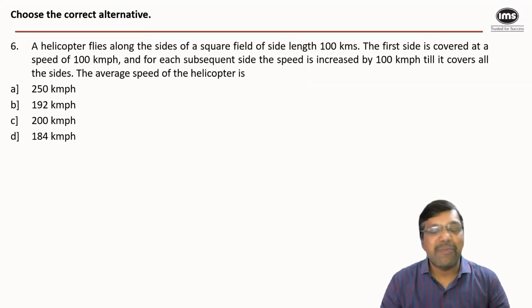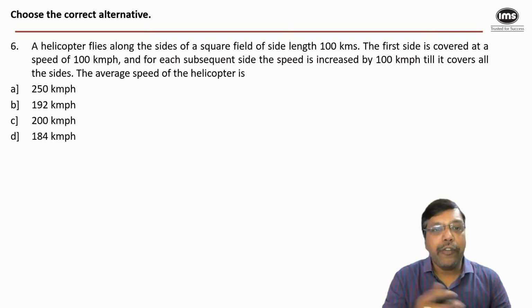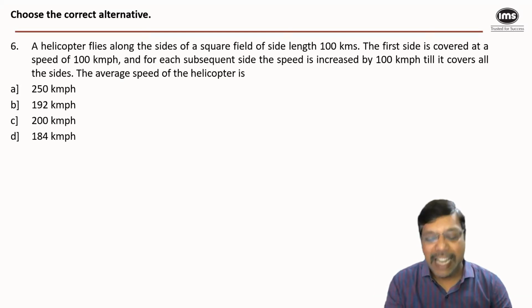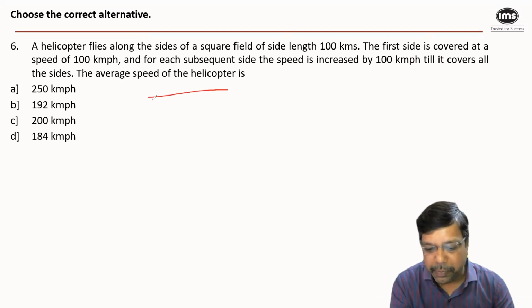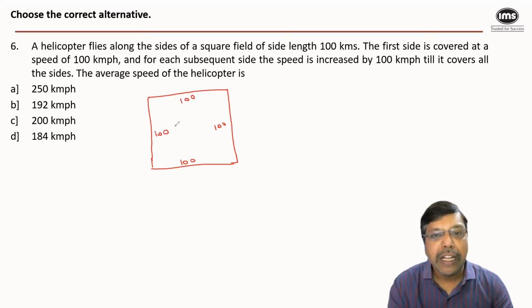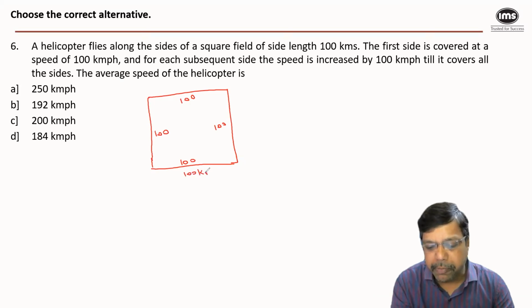Now let's see question number 6. A helicopter flies along the sides of a square field of side length 100 kilometers. So let's assume this is a square field. The length of each side is 100 kilometers. Now the helicopter flies along these 4 sides. The first side is covered at a speed of 100 km/h.